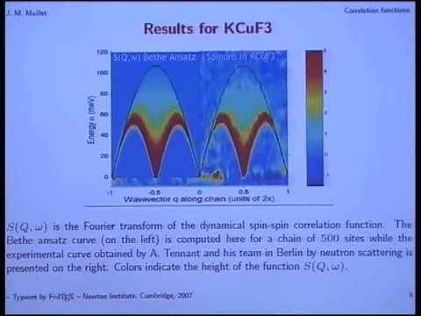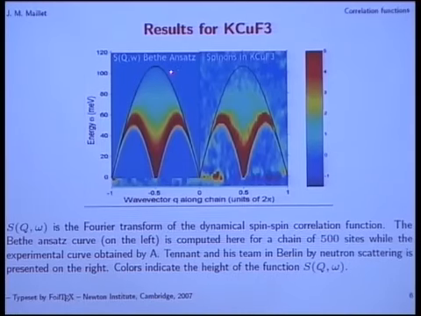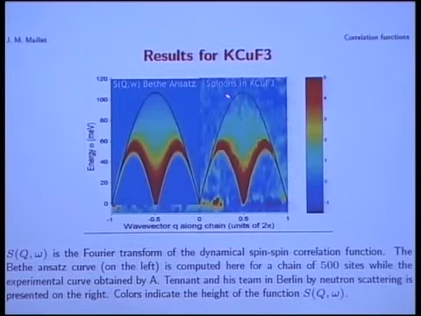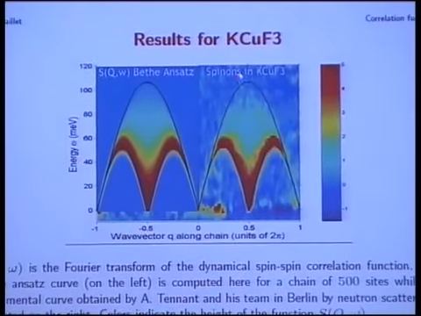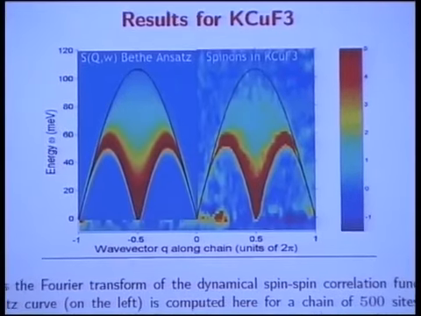Let me show you now a comparison between some computations that we did from Bethe ansatz and some measurements for this material KCuF3.